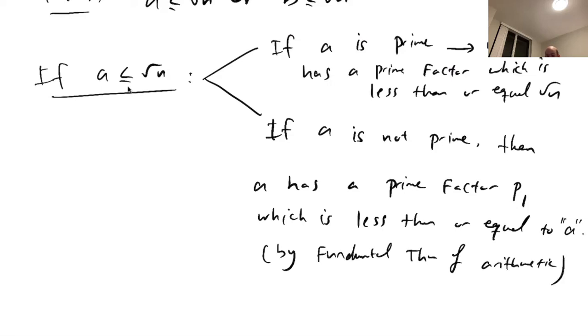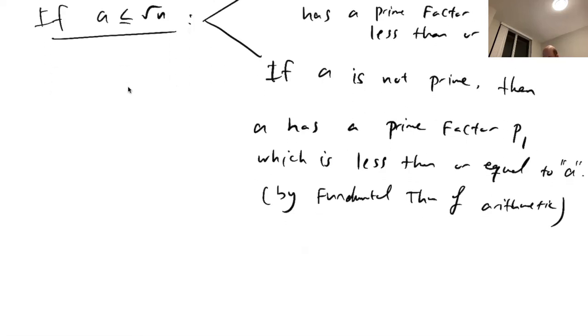The fundamental theorem of arithmetic says if a number is not prime, then it has a prime factor. Every number can be either prime or can be written as a product of primes. So if A is not prime, then it has a prime factor. I call it P1. Of course, P1 is less than or equal to A, right? Because if you have a factor of another number, everything is positive, the factor is always less than or equal to the original number.